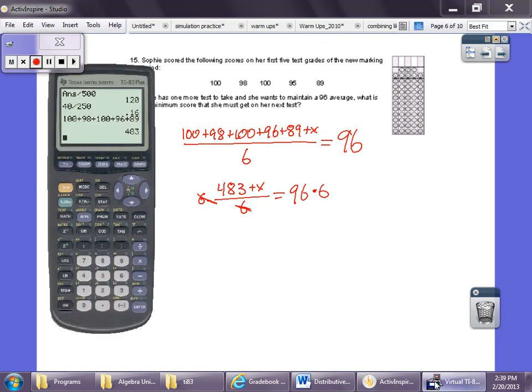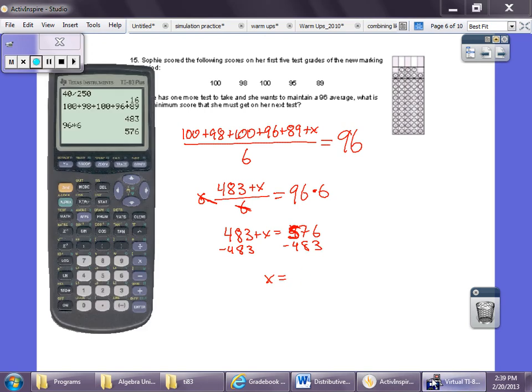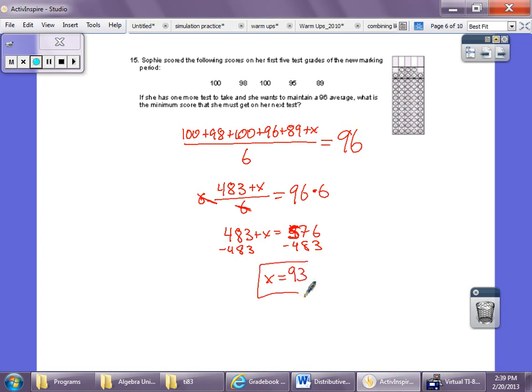Multiply by 6. 96 times 6 is 576. And 483 plus x is 576. Now we subtract 483, so we do minus 483, and we get 93. So she must get a 93.